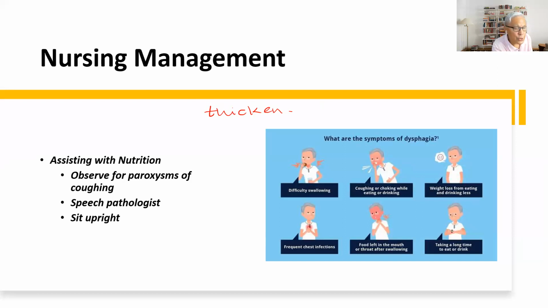The reason is when you drink liquids, there are more muscles that need to control their movement down to the GI tract in order not to go into the trachea or the respiratory tract. So whenever we give liquids, we have to thicken them, in order to facilitate the safe swallowing of the food bolus.